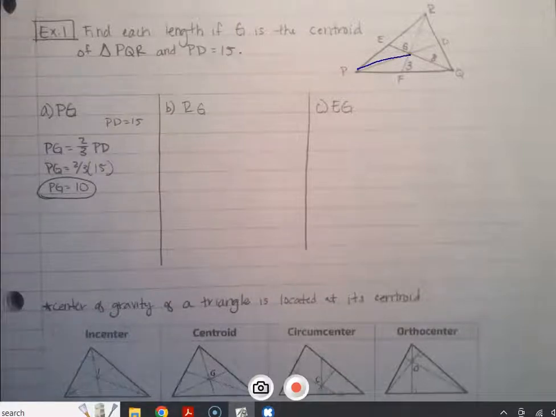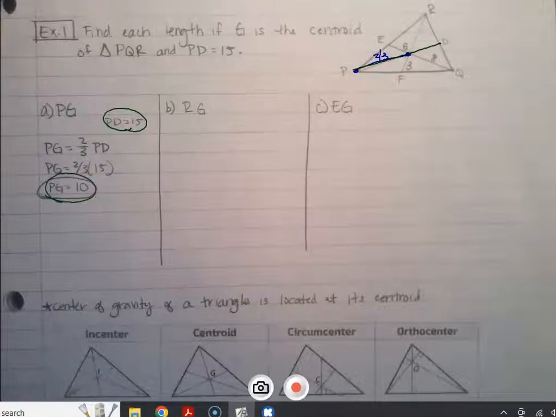We know that from the vertex to the centroid is 2/3 of the whole length. So PG is going to equal 2/3 of PD. And I know PD is 15. They told me that. So PG equals 2/3 of 15. PG equals 10.